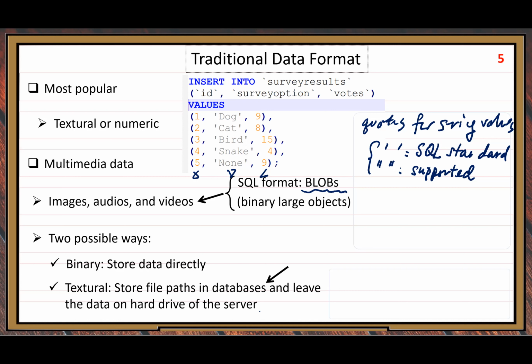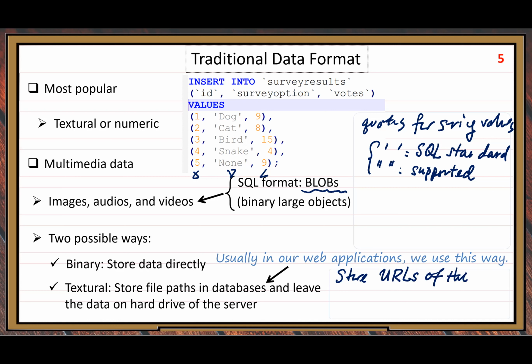So we store URLs of the image, audio, video in the server.